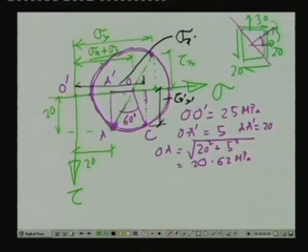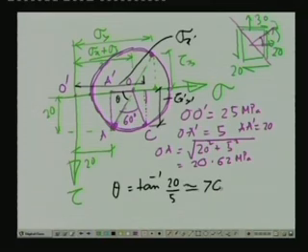Now, if we represent this angle by theta, then theta is equals to tan inverse A dash A by OA dash, and A dash A being 20 and OA dash being 5. So, this is tan inverse 4, which is approximately equals to 76 degree.